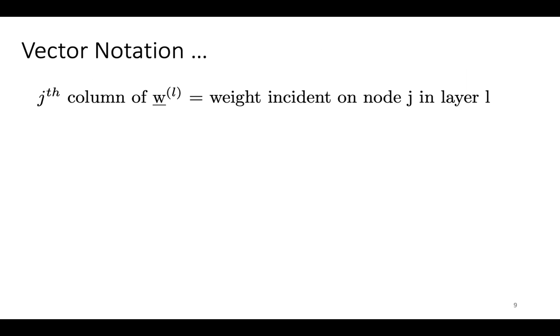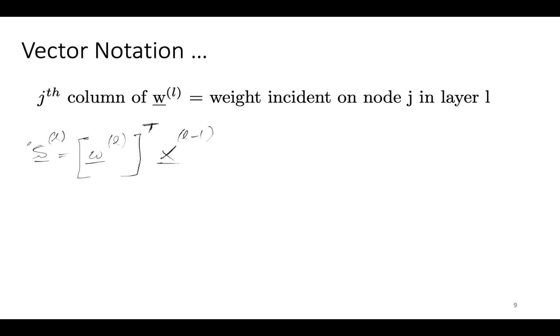So for the vector notation, the jth column of W^L is going to correspond to the weights incident on node j in layer L. Okay.